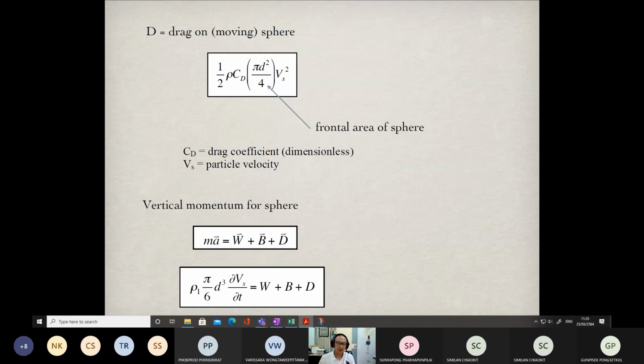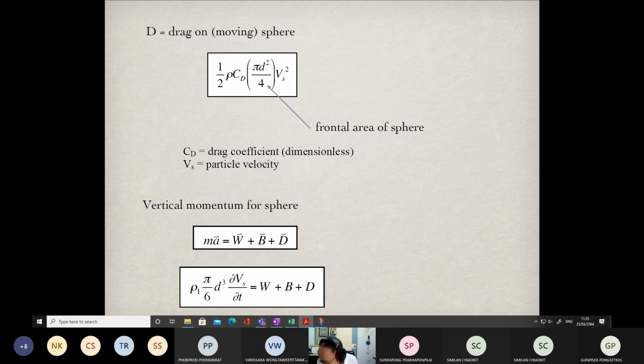If this paper moves like this, the frontal area perpendicular to the direction of the flow is the full square. But if I change the way to drop this paper, if I drop it like this, the frontal area is very small. So the magnitudes of the drag force are totally different. If I drop like this, the magnitude of the drag force is higher. But if I drop it like this, the magnitude of drag force is very small or maybe negligible.